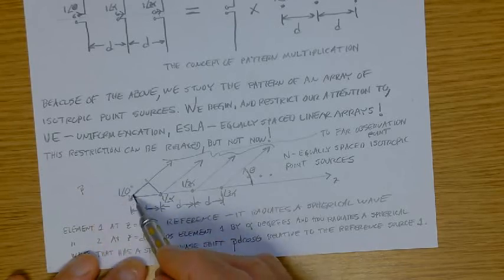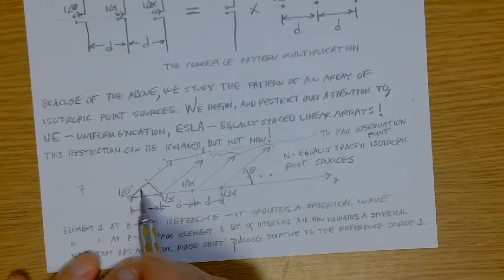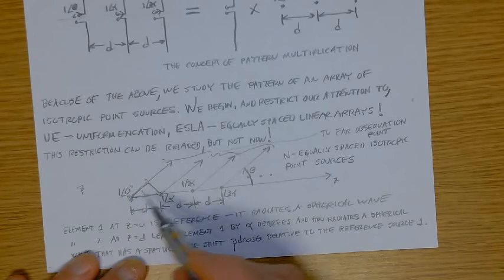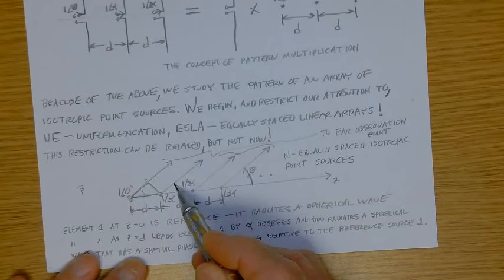If you multiply beta by this distance right here, what is that distance? It's d cosine theta. Here's the right triangle. This is d, this is the angle theta. D cosine theta is this length. And so if you multiply d cosine theta times beta, that'll give you the amount of phase shift by which this element leads this element in propagating out to the observation point.